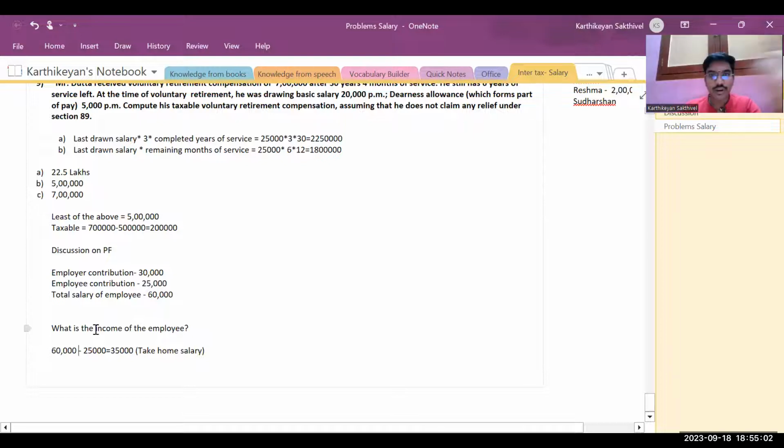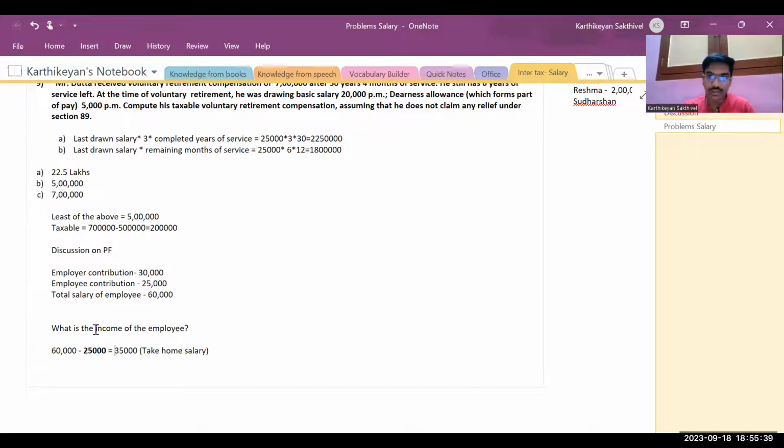Assume, for example, that instead of employer contribution and employee contribution, if he is just receiving this 25,000 in his hand and putting it in his bank account, that simply means it is application of his income. Similarly here, instead of my taking it in hand and putting it in the bank, the employer is telling me, you put it in my account only. Oh, like the concept you mentioned for the PM Cares Fund, sir? Almost. But the PM Cares Fund was to a third person; here he is telling to put it in my account only.